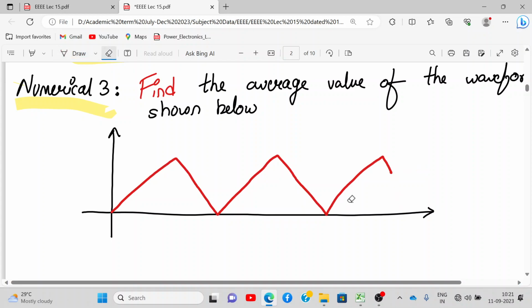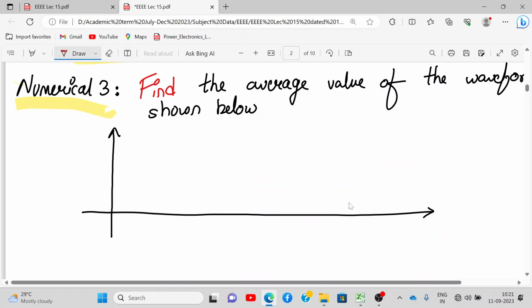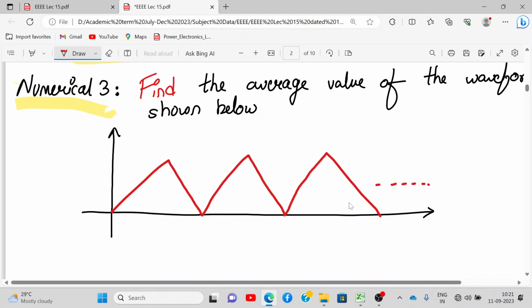And it will repeat itself. So this is t by 2, this is t, this is 3t by 2. So how much is this? t by 4, got it?